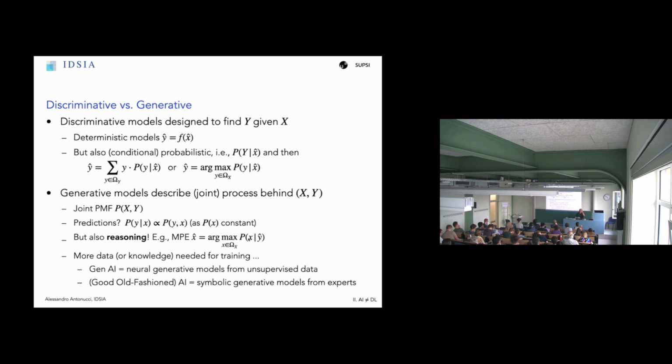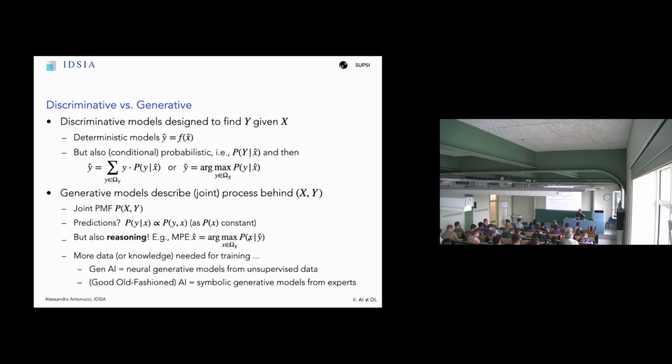You see? So this is what we call reasoning. You can do reasoning in a generative setting. You cannot do reasoning in a discriminative setting. So we should say that generative is better. Somehow, yes, generative is more general, because from a generative model you can obtain the discriminative one.